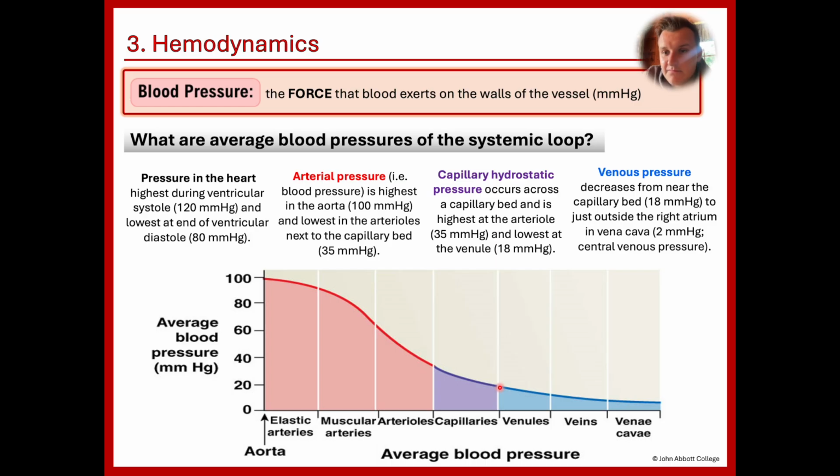And lastly, the venous pressure in the veins decreases from about 18 at the venule end, just over here, right? About 18 at the venules. Then it goes through the veins, right? And then the vena cava right next to the heart. And it becomes about just 2 millimeters mercury at the vena cava, right? This is called central venous pressure. Returning to the heart is like 2 millimeters mercury.